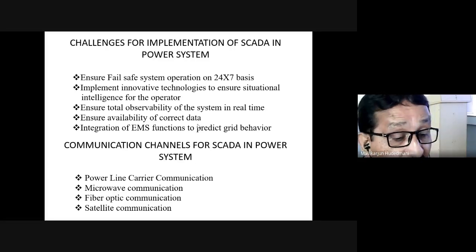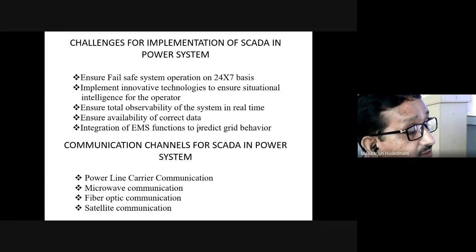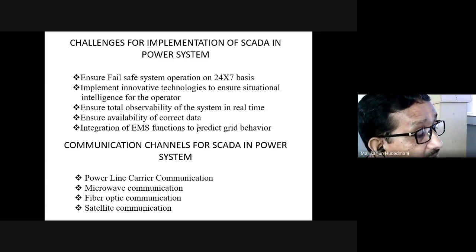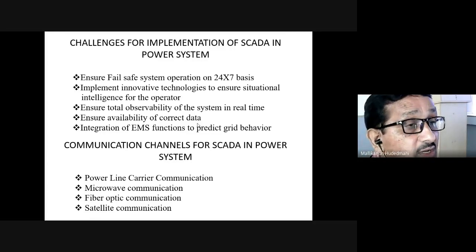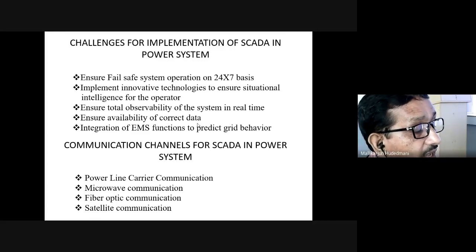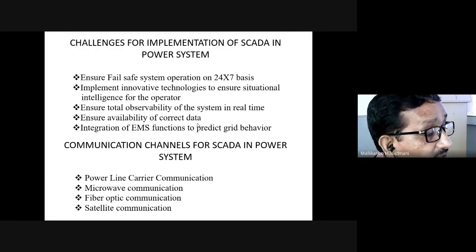It is protected from hacks and errors, it is encrypted, and it is transmitted over a distance to reach the master station, where we have the MTU, master terminal unit, which collects the information from several RTUs together, stores it into a memory, and it will be processed. It means that encryption is one of the important needs.